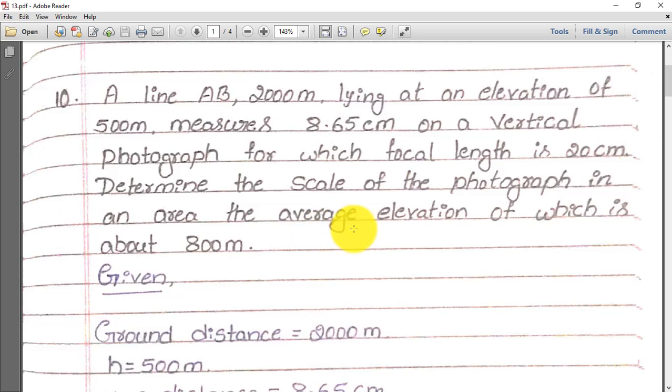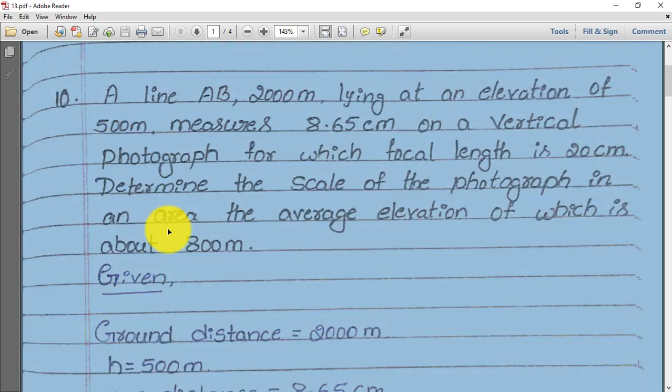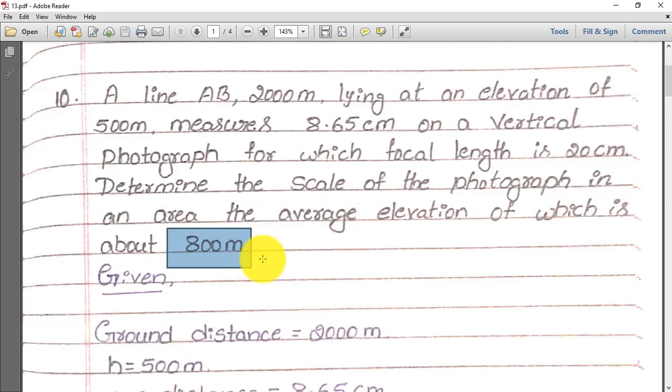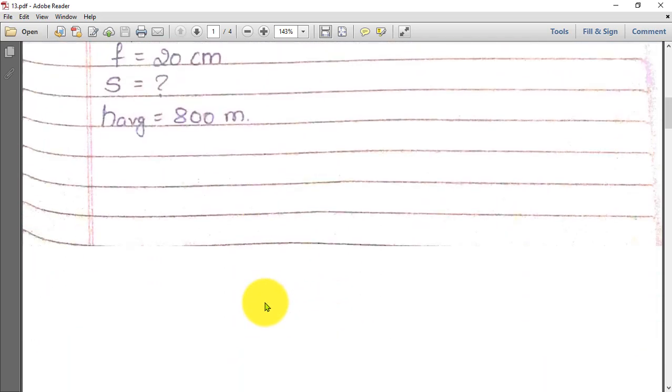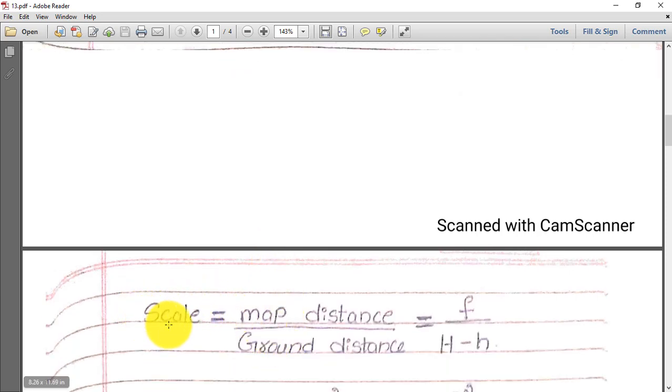But here they asked to determine the scale of the photograph in an area where the average elevation h is equal to 800 meter. So when h is equal to 800 meter, what is the scale they have asked? So here 2 scales will come. One scale when h is equal to something, and another scale when h is equal to something else. So we need to determine the scale here.